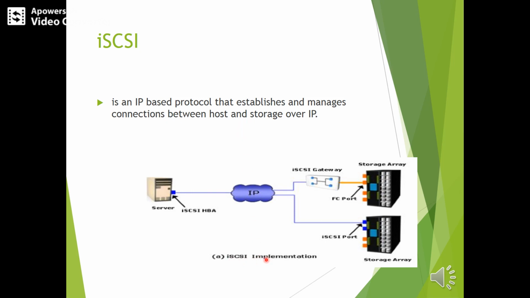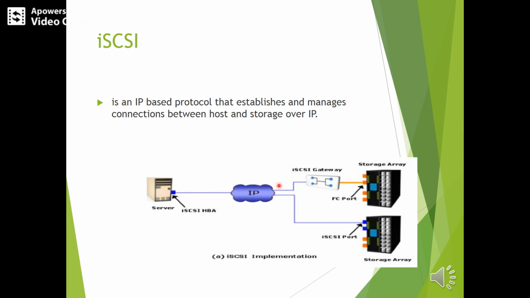We can observe the diagram for iSCSI implementation, in which there is an iSCSI HBA as well as the storage. The iSCSI HBA is located within the server or host.